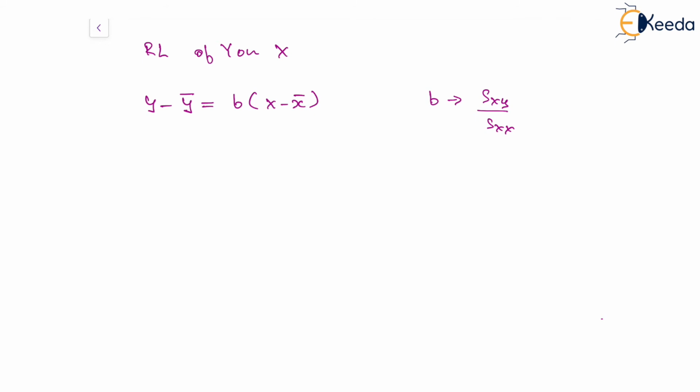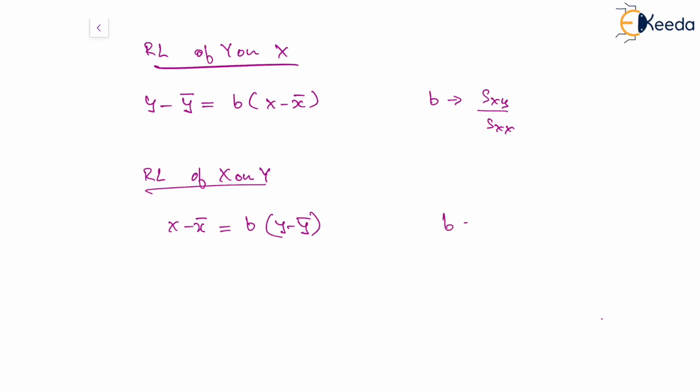Similarly, we may have the second form of equation for x on y. So the regression line of x on y may be given as x minus x mean equal to b times of y minus y mean, where b will have its usual meaning, and that is b is Sxy over Syy.